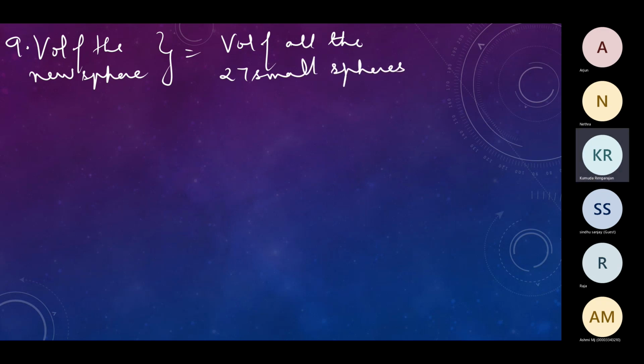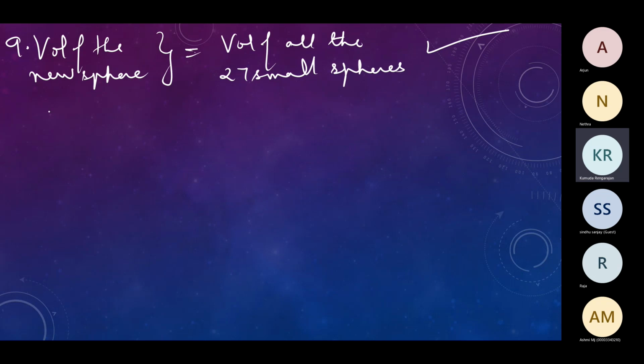Is this equation correct? You should only write this. If you can write this, you can get full marks. Meaning, with this, you can work very easily. Yes, class? Yeah. So volume of the new sphere is equal to volume of all the 27 small spheres.